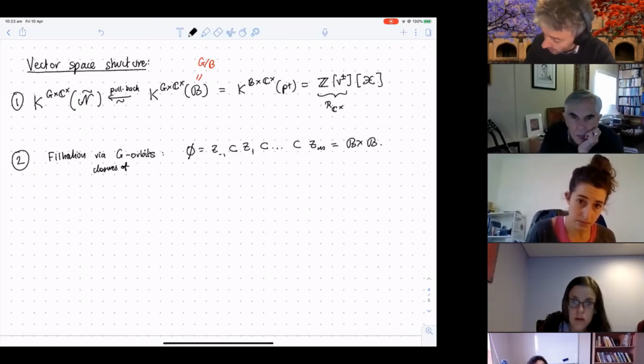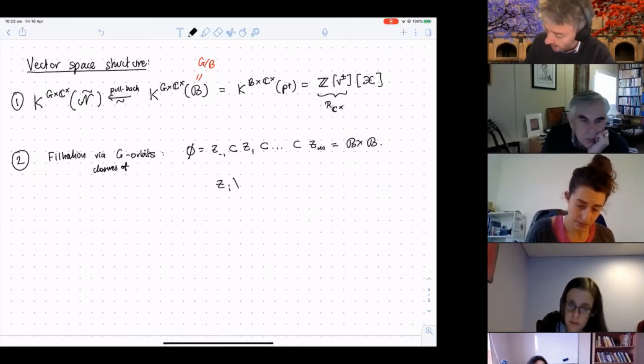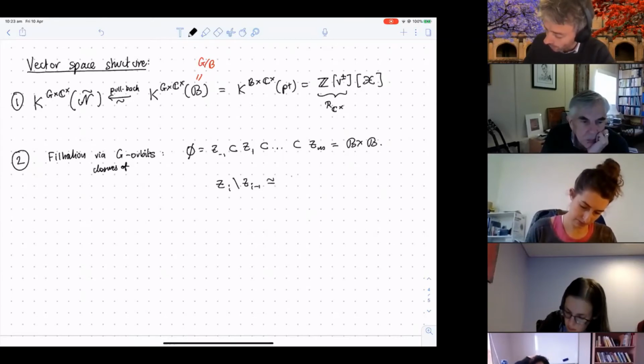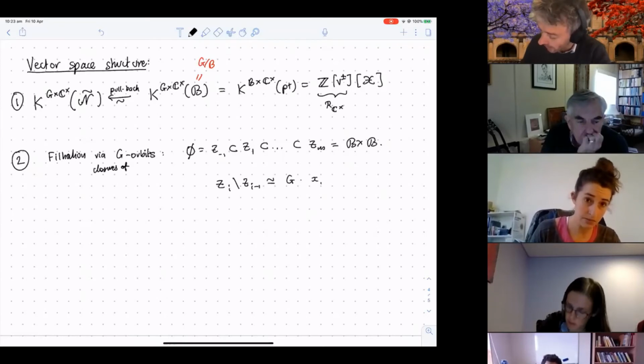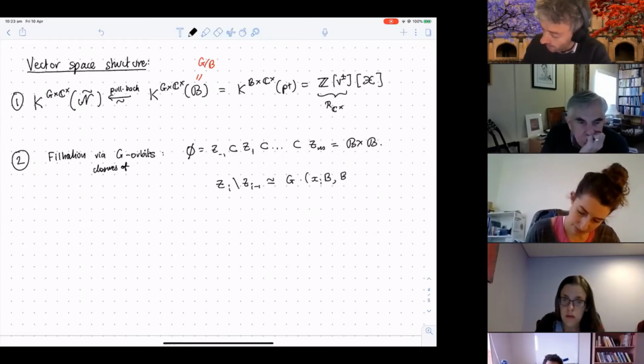So each Z_i without Z_{i-1} is isomorphic to the G orbit of (xi B, B) for some xi.